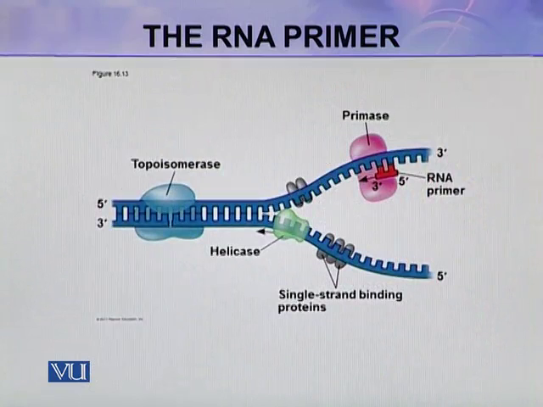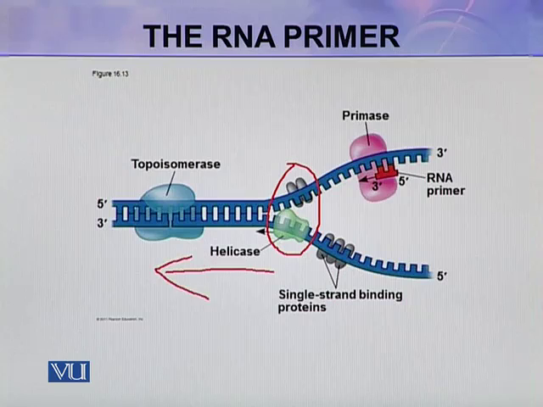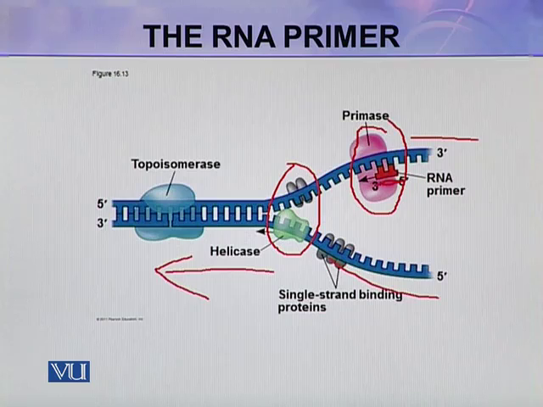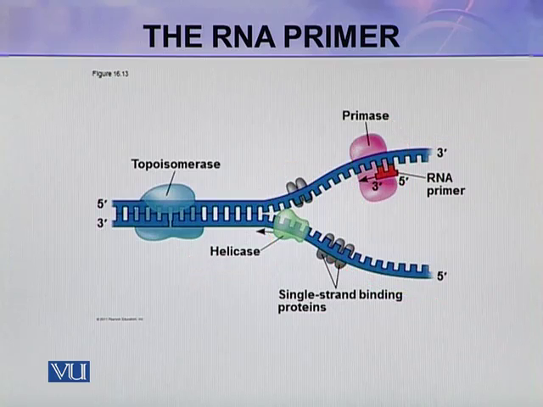So here you can see this is the replication fork and it moves towards this side. These are two single-stranded DNAs and this is primase, and this red colored part you can see is a small RNA primer. This RNA primer is a compulsory requirement for the synthesis of a new DNA strand.